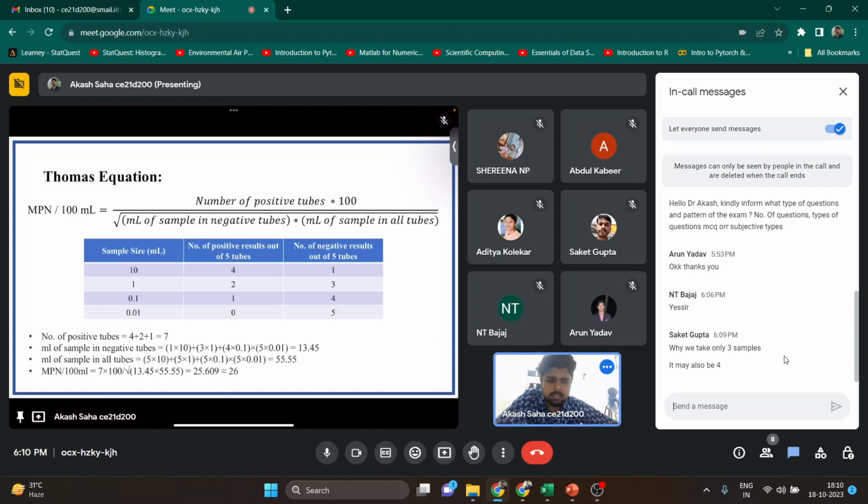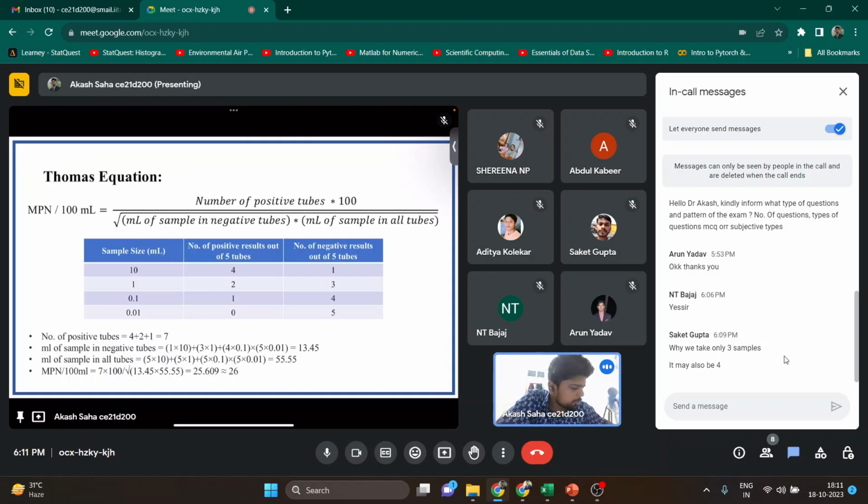Okay, but you can see in the case of the Thomas equation, if you don't want to use the chart, you can directly use this equation. So how does it work? It says that NPN value is equal to number of positive tubes into 100 divided by the root of ml of sample in negative tubes into ml of sample in all tubes, not positive, it's all tubes. So for this table, how many are my positive tubes?